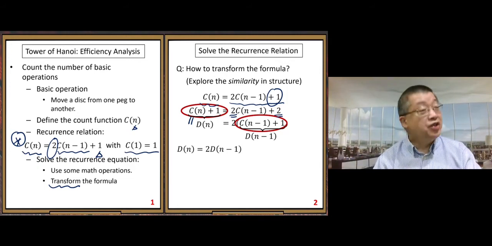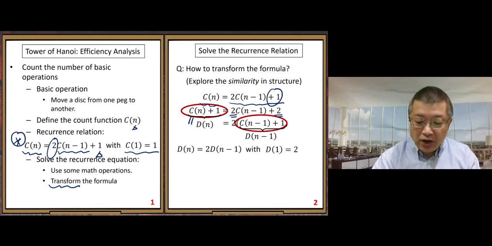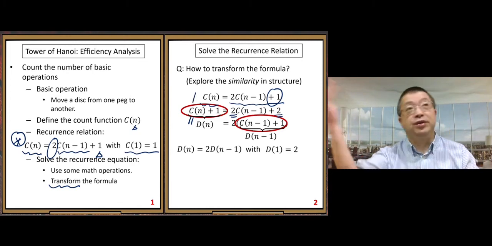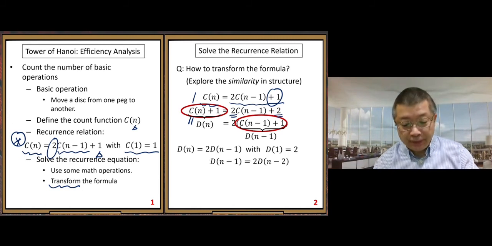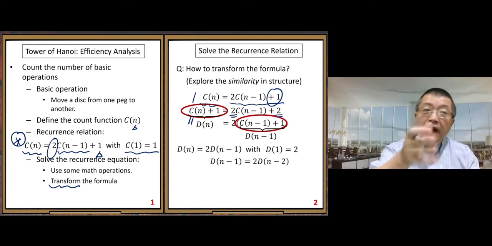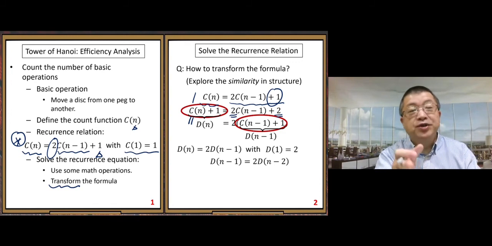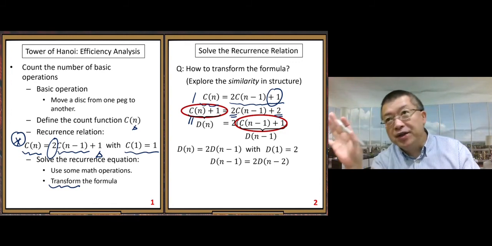How to solve it? All right, so let's do it. Initial condition: D of 1 equals 2, because C of 1 plus 1, 1 plus 1, is 2. Then D of n minus 1 equals 2 times D of n minus 2.